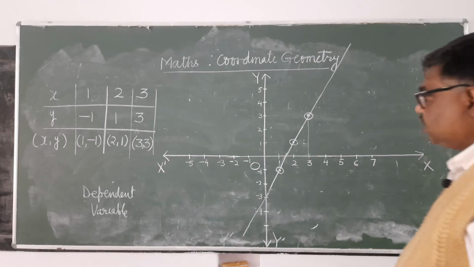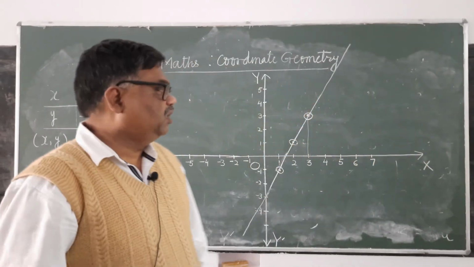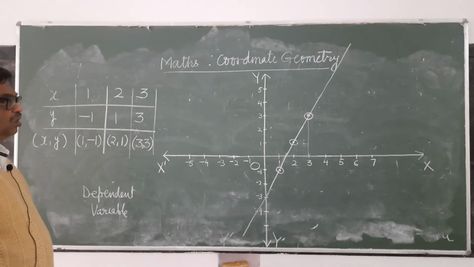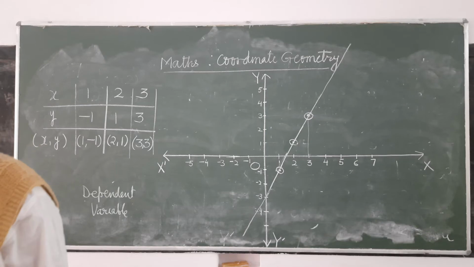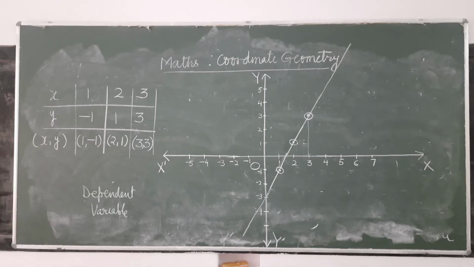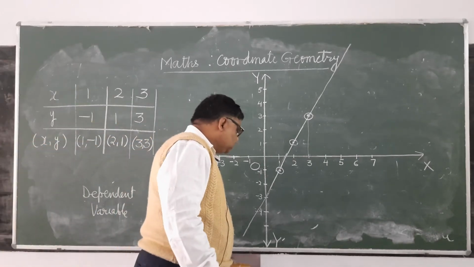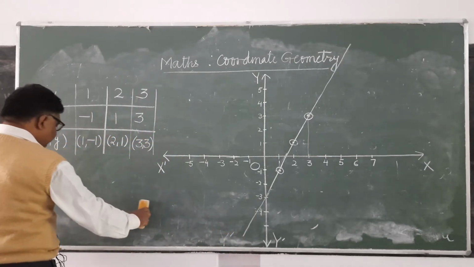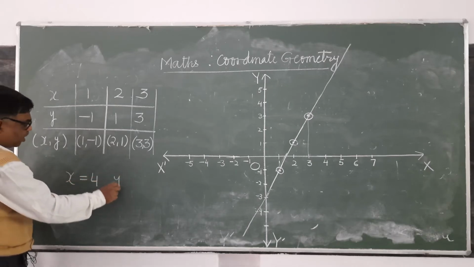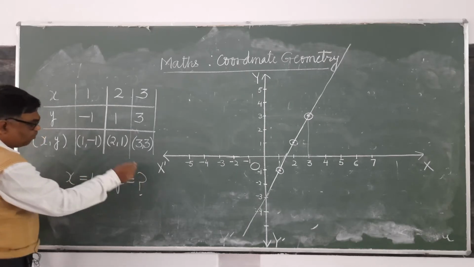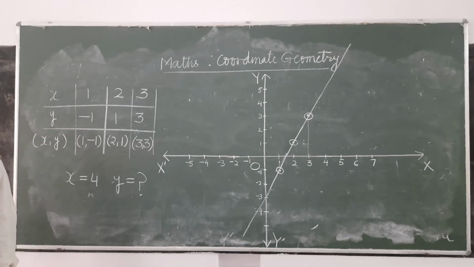Suppose you have to find the value of y when x equals 4. So how will you find this? From the graph, it has been asked that from the graph you find the value of y when x is equal to 4.